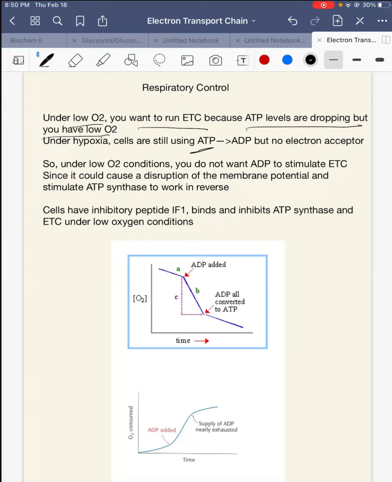So we still need to make ATP somehow, but we don't have any electron acceptors because we're under hypoxia. But if we do that, because we don't have the final electron acceptor oxygen, instead of making more ATP, we'll actually start hydrolyzing ATP, which is even worse for the cell.